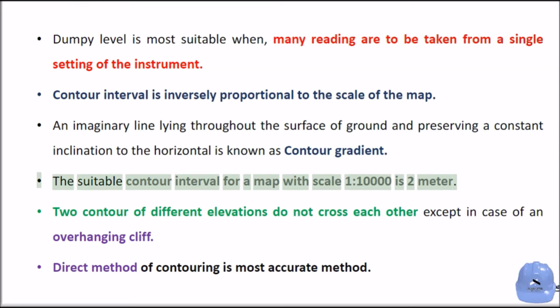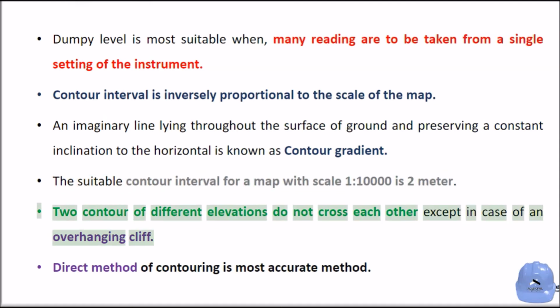The suitable contour interval for a map with scale 1:10,000 is 2 meters. Two contours of different elevations do not cross each other except in the case of an overhanging cliff.